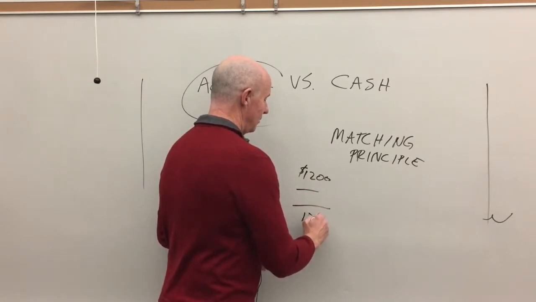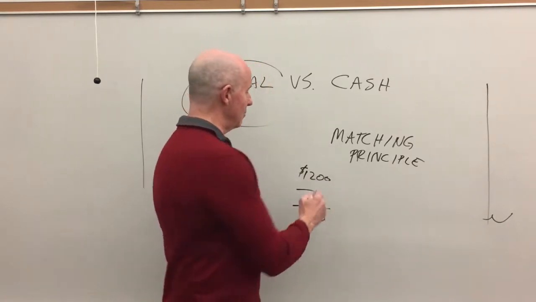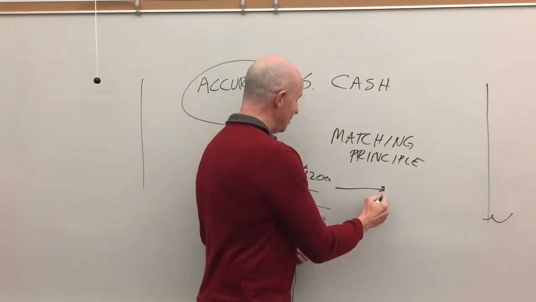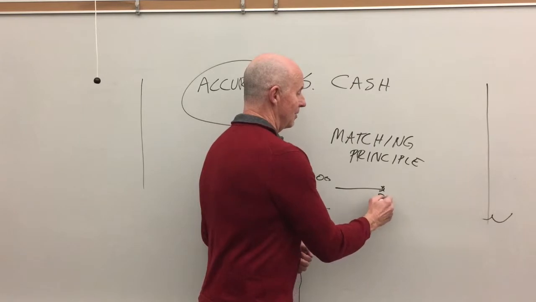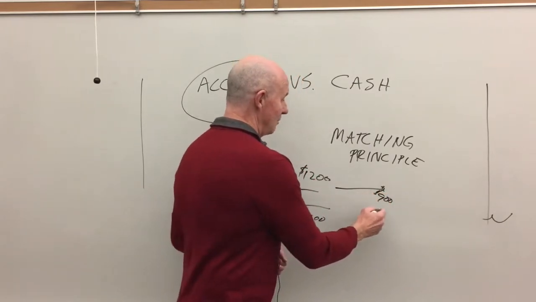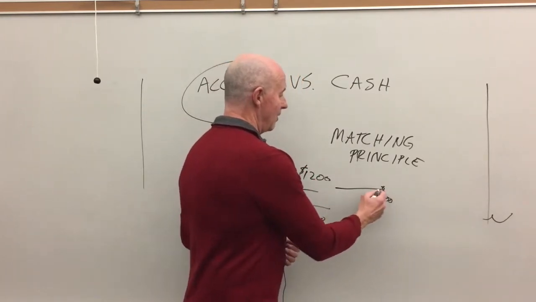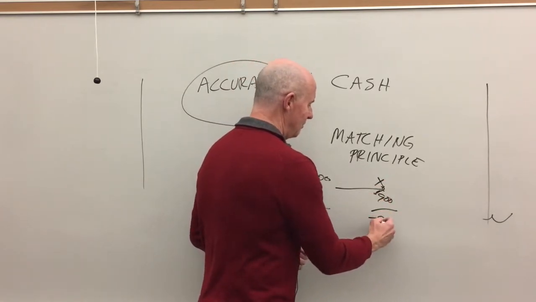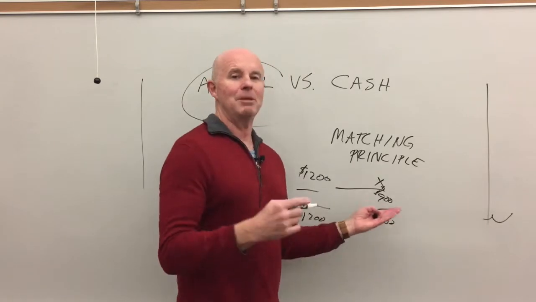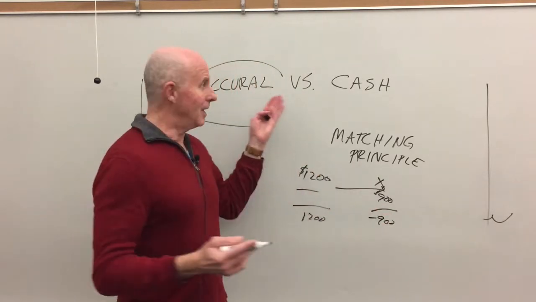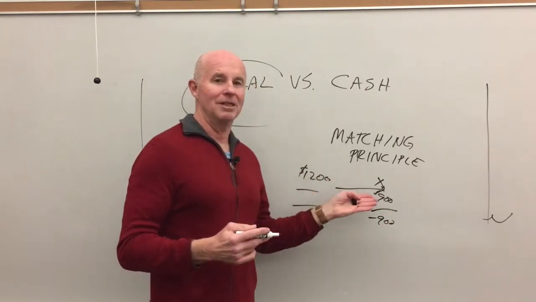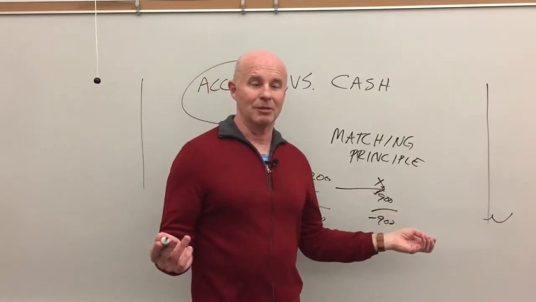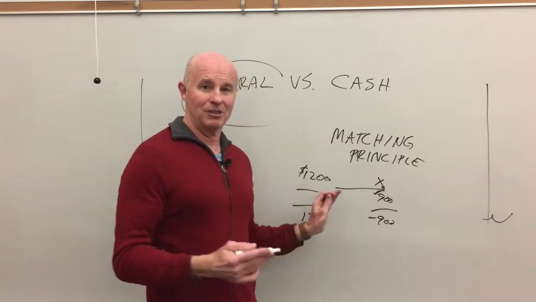But you say, wait a minute, that $1,200 is because I'm going to cater a wedding, and it's going to cost me $900 for all the stuff, so I'm really going to make $300. And then in the other month, you didn't really make much money, but you spent $900, and people say, oh wow, you had a terrible month, you were down $900. People wouldn't be able to read your financial statements accurately if it's a cash business, because they need all that information, right?